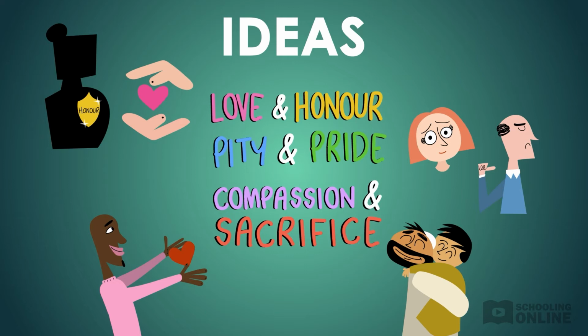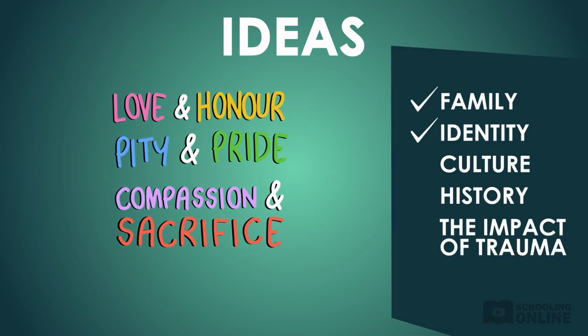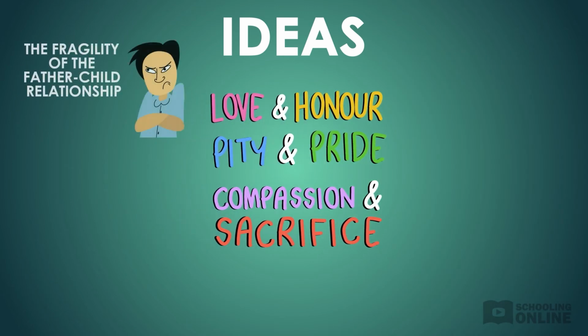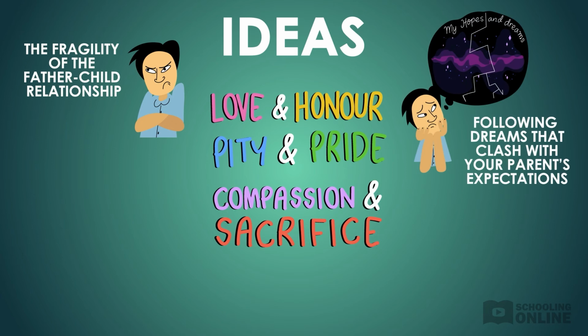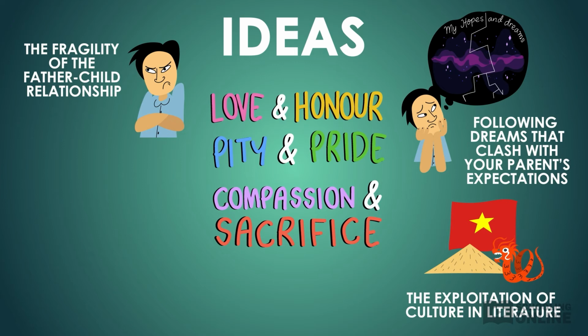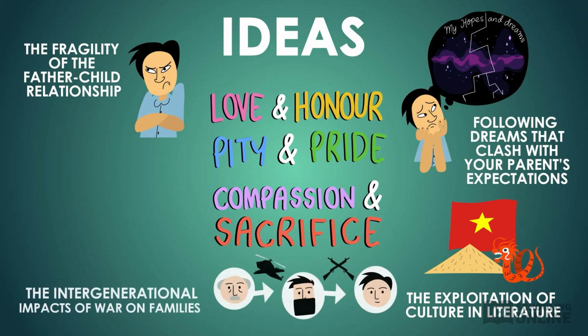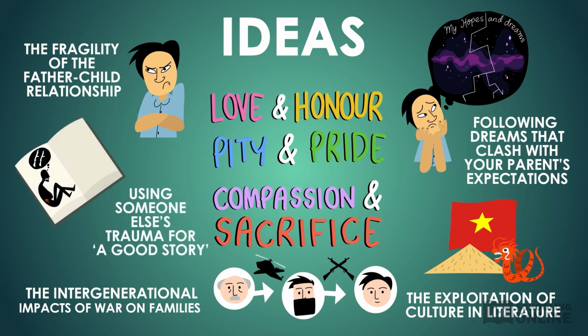Love and Honour explores ideas about family, identity, culture, history, and the impact of trauma. In particular, Nam Le focuses on the fragility of the father-child relationship, following dreams that clash with your parents' expectations, the exploitation of culture in literature, how the trauma of war impacts families and generations, and the problem with using someone else's trauma for a good story.